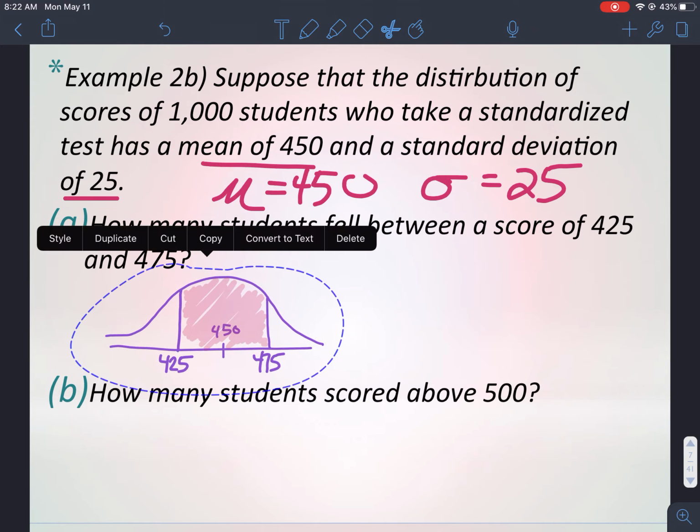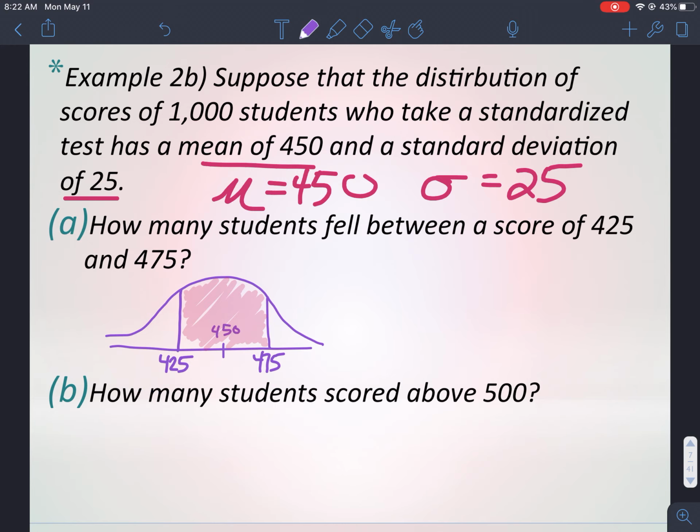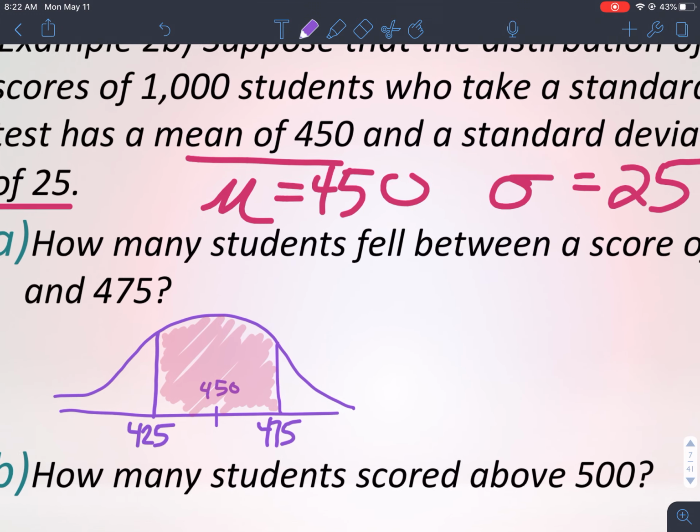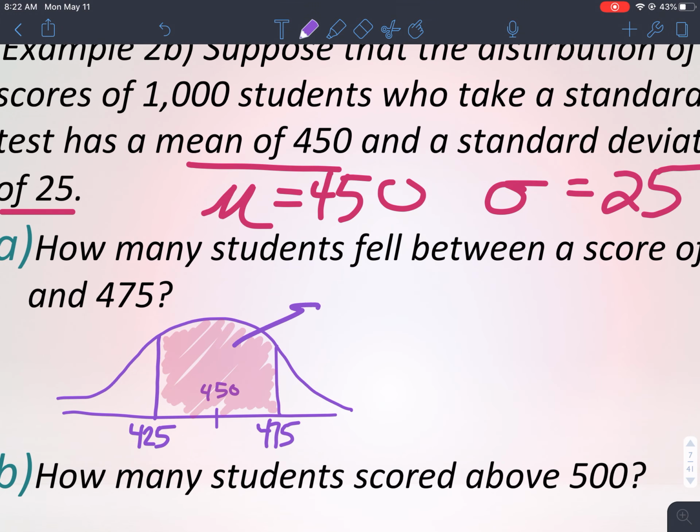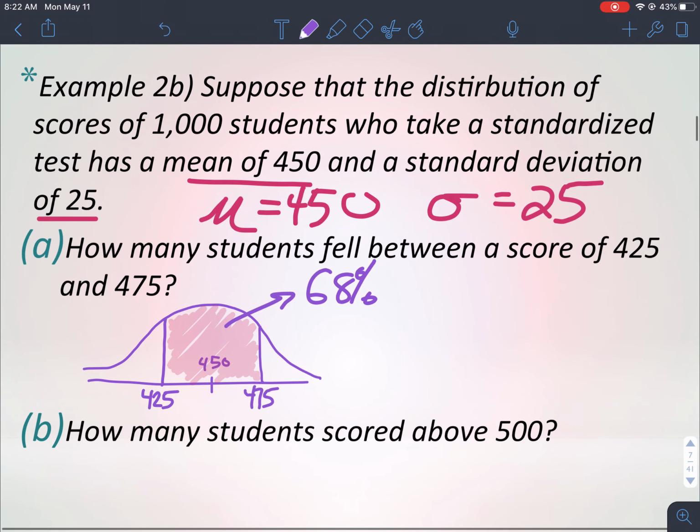Well, using that 68, 95, 99.7 rule, if we're within one standard deviation, then this area should be 68%. Alright, so now I'm going to use my percent equation. I'm just going to turn that into a decimal.